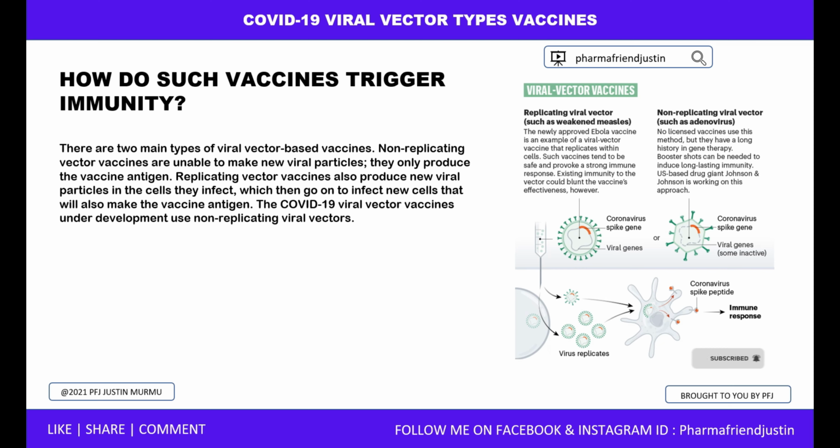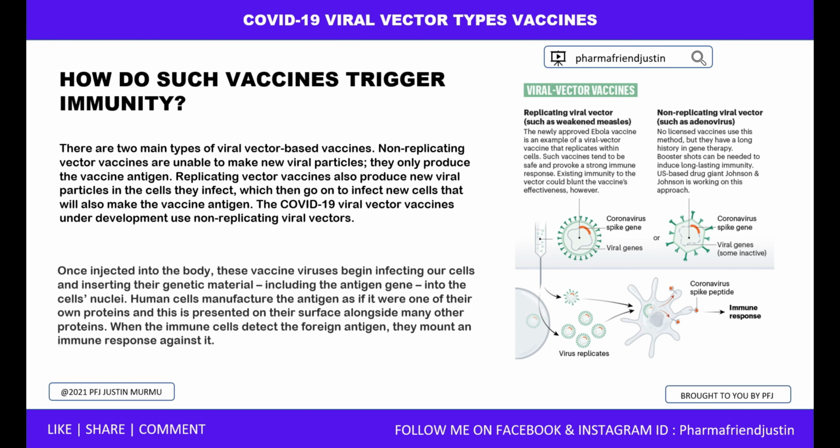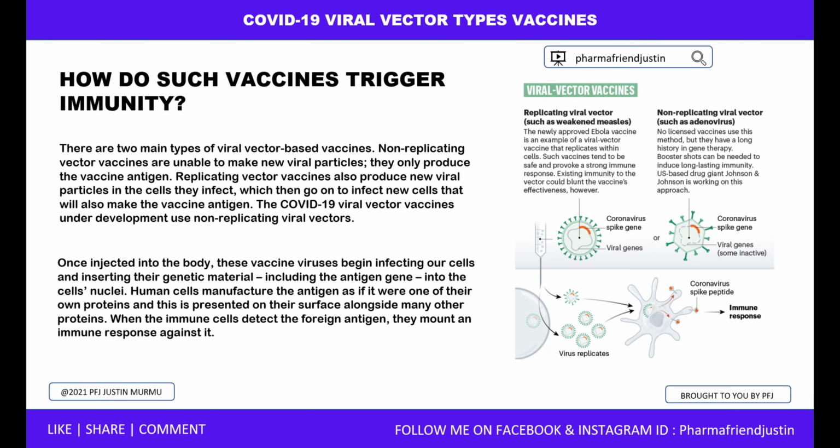The COVID-19 viral vector vaccines under development use non-replicating viral vectors. Once injected into the body, these vaccine viruses can infect our cells and insert the genetic material, including the antigen gene, into the cell's nuclei.